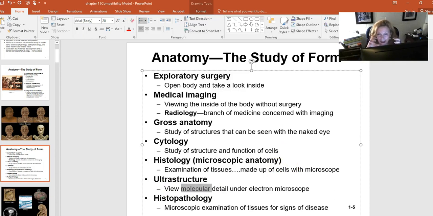So if it is happening at that level, then the treatment has to be geared at that level. So we spend a lot of time with cytology. We have an entire chapter that is delegated to cells. It's chapter 3. And we also spend a lot of time looking at molecules, which are made of the smallest things that we know, which are called elements. And how those elements come together and play or not is called chemistry. And that's chapter 2.